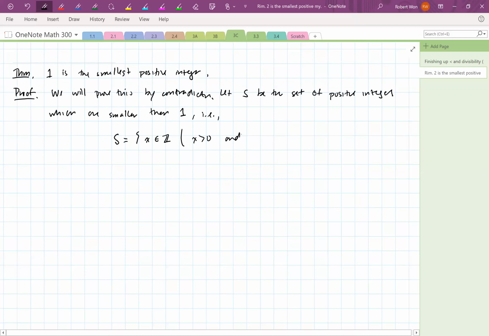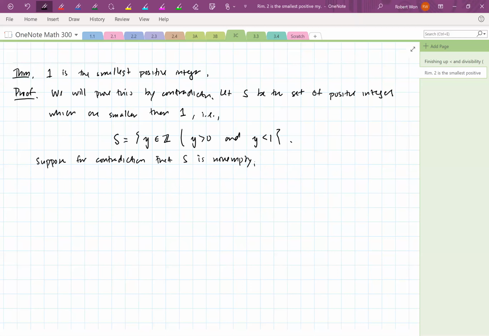And let's use a different variable here because I want to use X in a second. The set of all positive integers that are less than 1. Okay, and let's suppose for contradiction that S is non-empty. So I'm supposing that I have some positive integers that are less than 1.